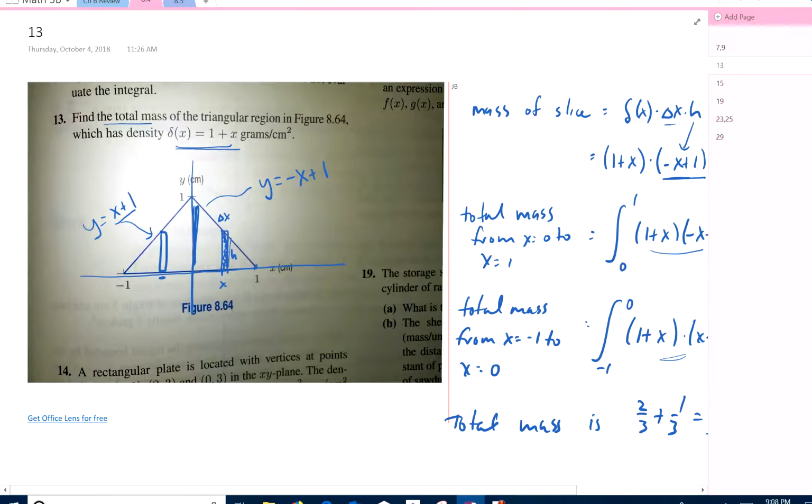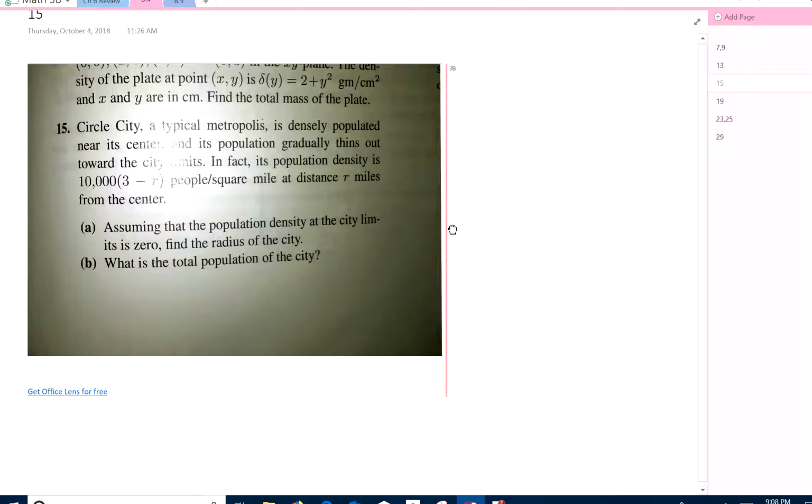Okay, so I think we can do one more on here. Alright, let's look at 15. 15 says this: Circle City, densely populated, so we've got this guy. And we know, it tells us the density of the population is given by, well, it's in terms of r, so I'll write it like that.